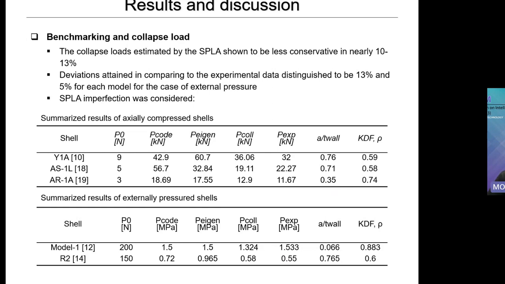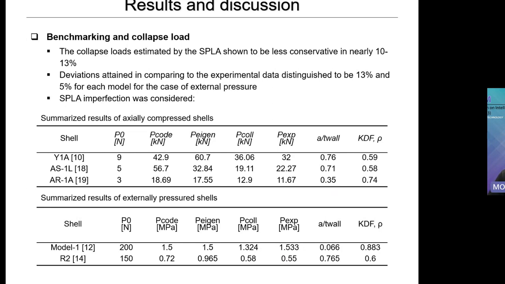From here, you can see more or less the result obtained using SPLA is much closer to the experimental one compared to when we run it via linear eigenvalue analysis. It's very high, not slightly, it's drastically high in comparison to the experimental load.